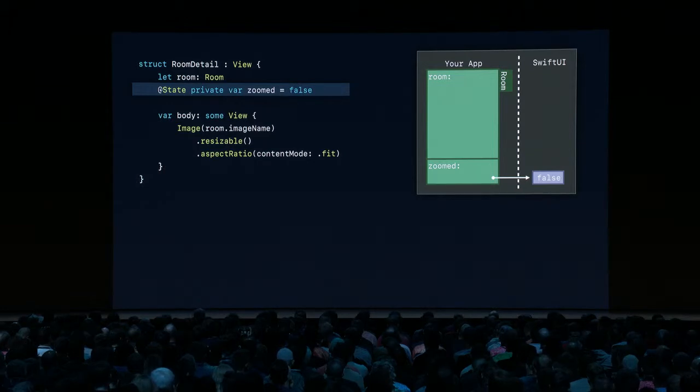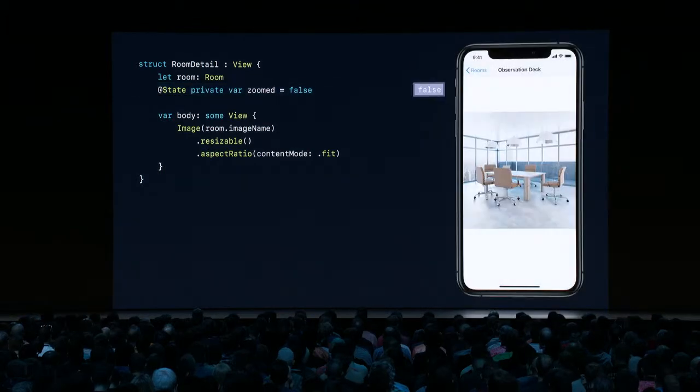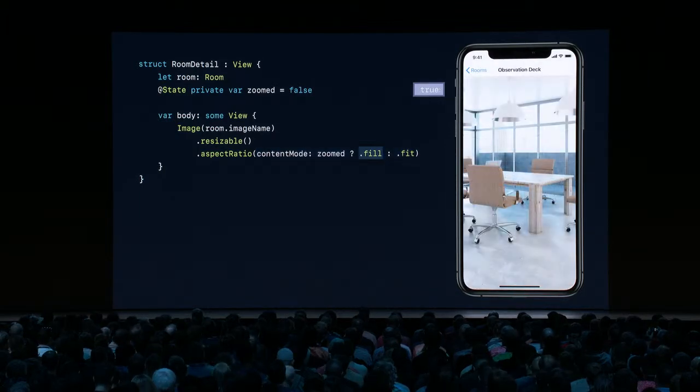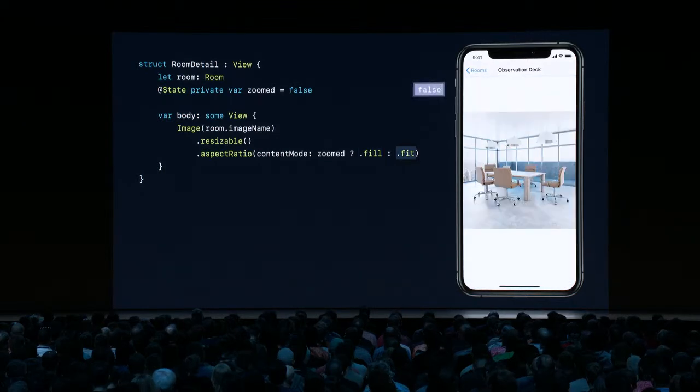In this memory diagram, the green is your app's memory, and purple is the memory SwiftUI is managing. And so this value of the zoom variable, we got you covered. So if you decide to fill or fit based on that variable, then we've got a view that renders like this when it's zoomed, and like this when it isn't.